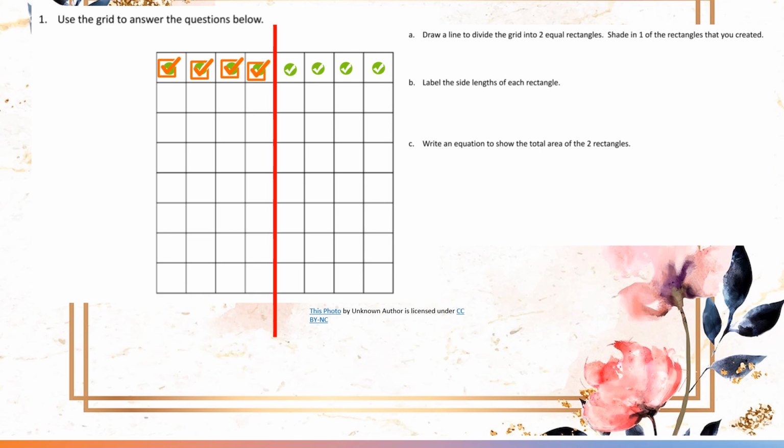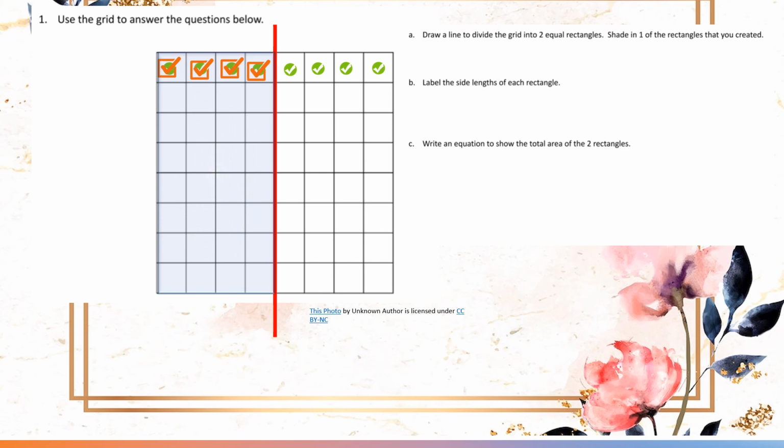Now, I'm going to reread my instructions to make sure that I've done everything. So we're still on letter A. It says draw a line to divide the grid into 2 equal rectangles. Okay, so I drew a line. I divided my grid into 2 equal rectangles. Then it says shade in one of the rectangles that you created. So you're going to use your pencil or crayon or color pencil, whatever you have available, to shade in one of the rectangles.